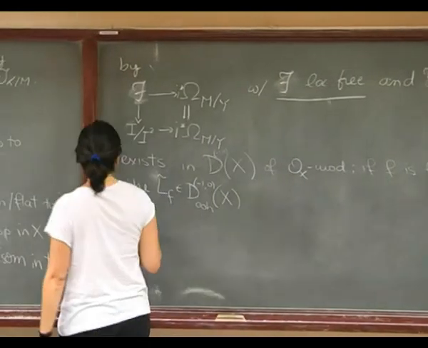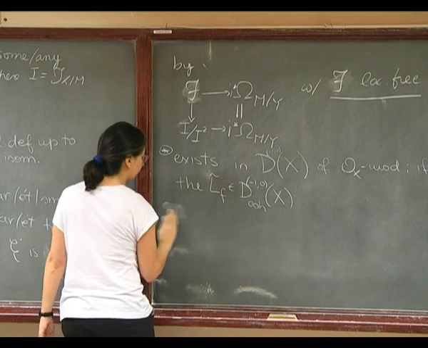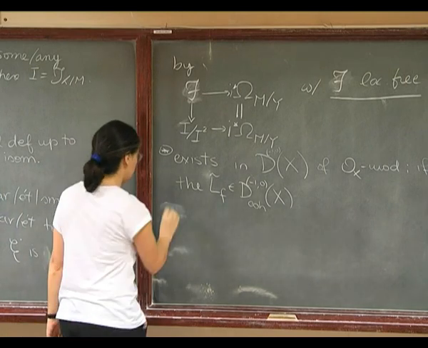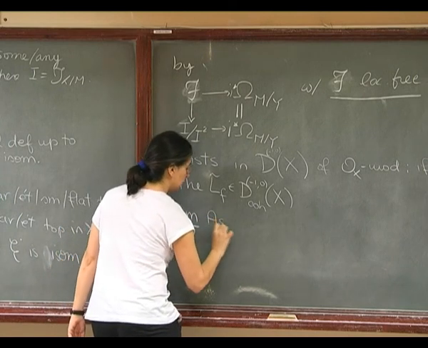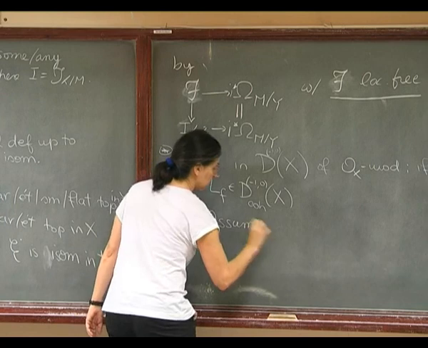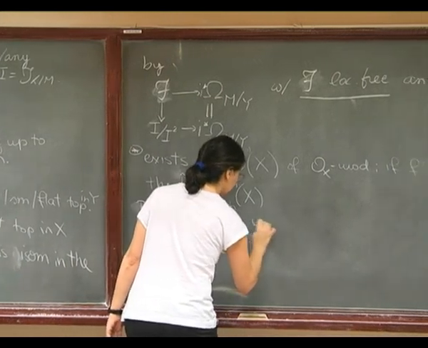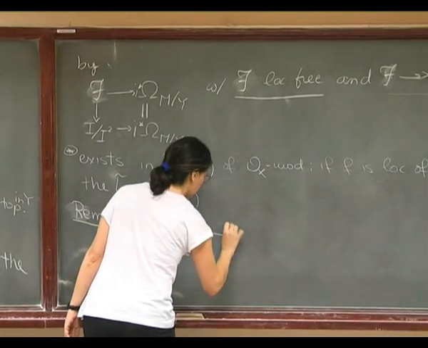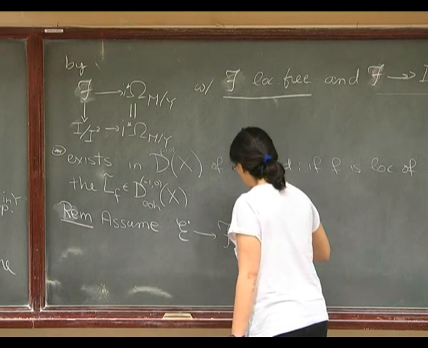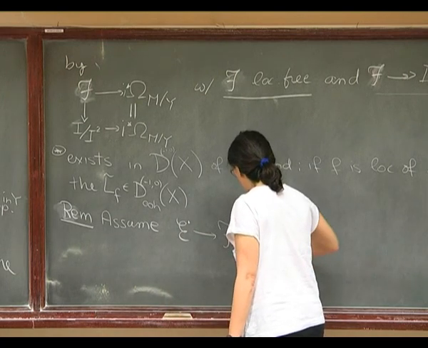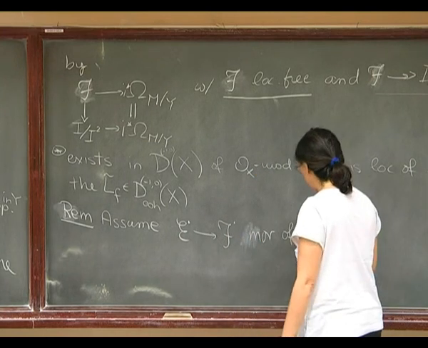So the first thing is the following remark. Assume I have a quasi-isomorphism, E dot goes to F dot, a morphism of complexes.